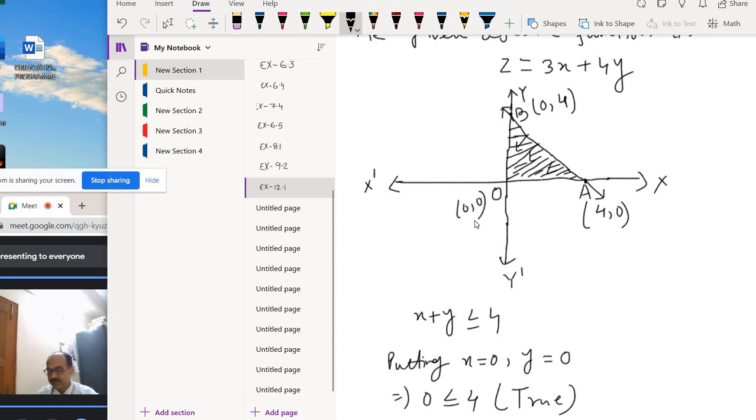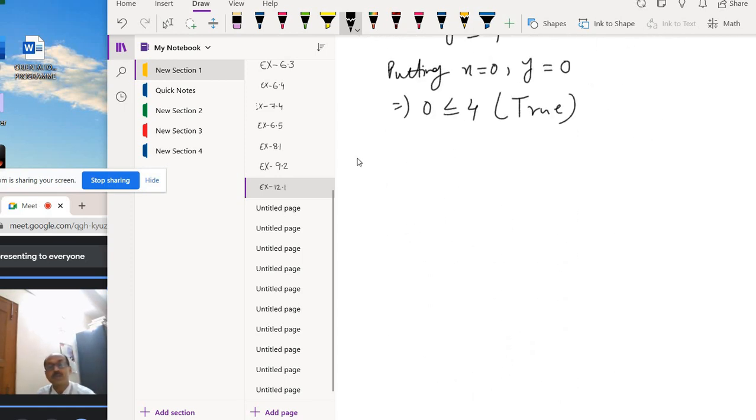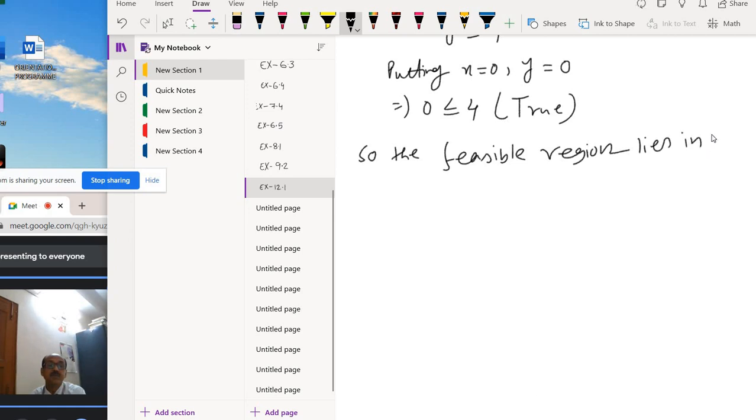So the feasible region lies in the first quadrant.